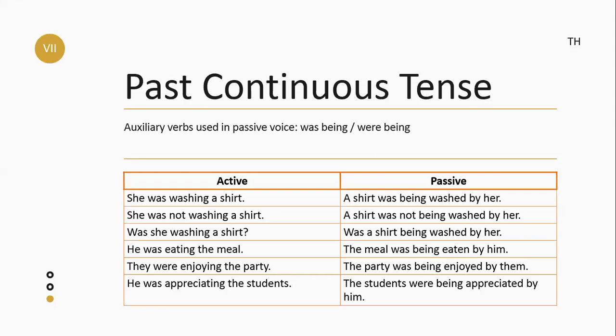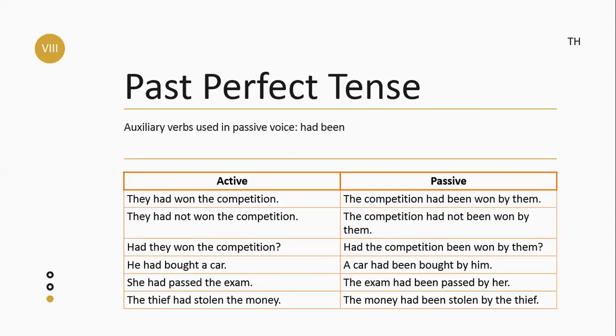And then let's move on to the next part, which is the past perfect tense. As you can see here, let's look at the example. They had won the competition. The competition had been won by them. Yes, well done. So if it's a question, we can say, had they won the competition, which is in active voice.